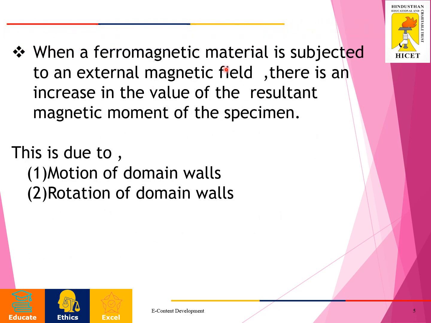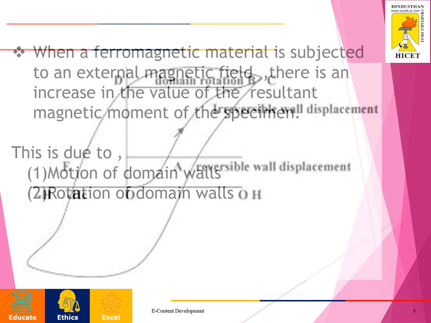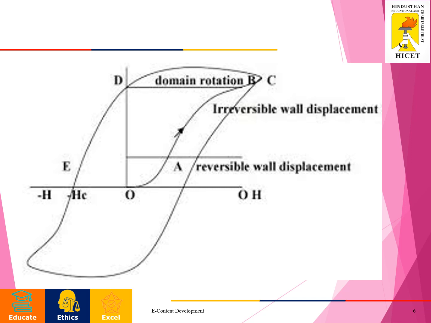When a ferromagnetic material is subjected to an external magnetic field, there is an increase in the value of the resultant magnetic moment of the specimen. This is due to the motion and rotation of domain walls. When a small external field is applied, the domain wall is displaced slightly in the easy direction of magnetization.